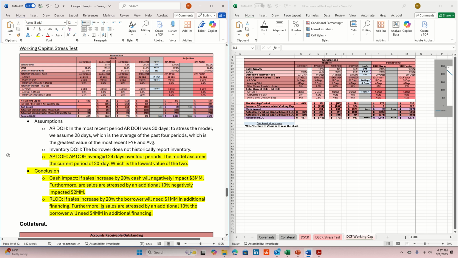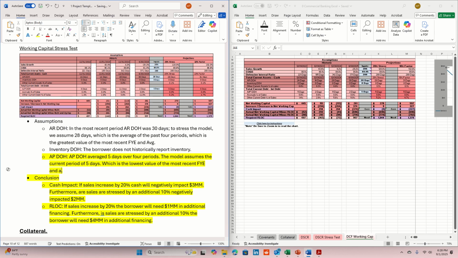AP days on hand averaged 5 days. The model assumes 5 days, which is the lowest value of the most recent fiscal year end and average.